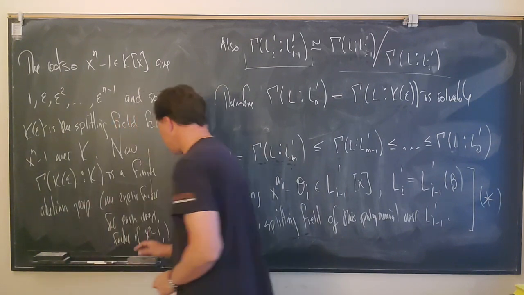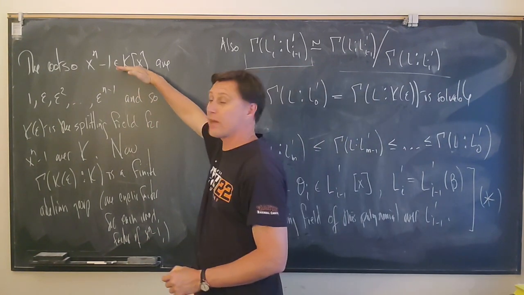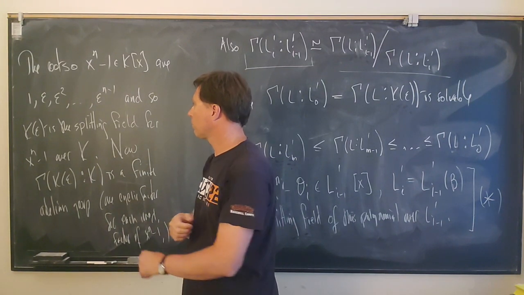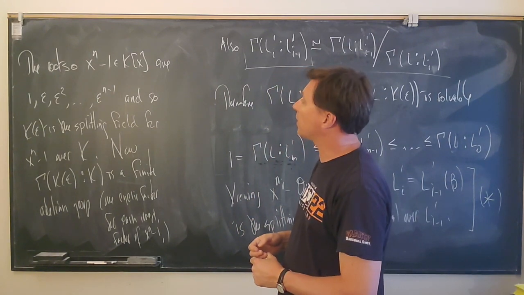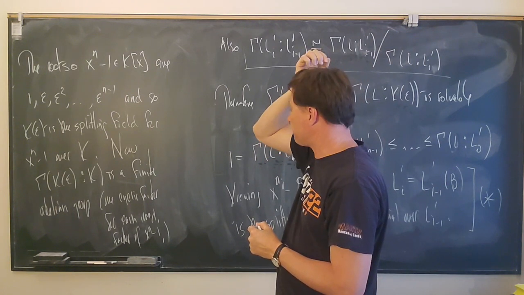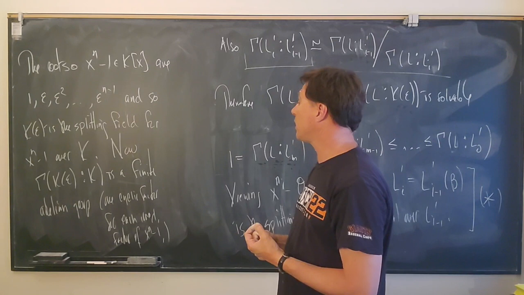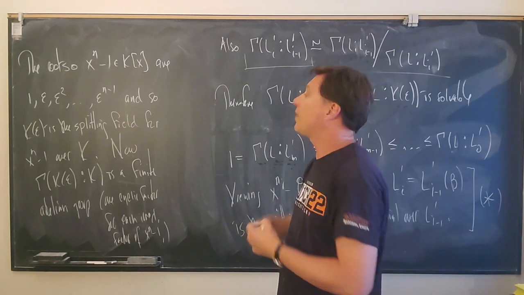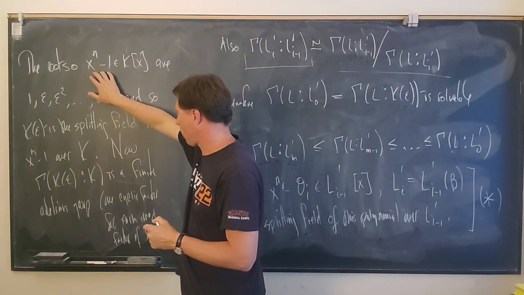So the idea is take x to the n minus 1, split it over K into its irreducible factors. And then you'll have a bunch of factors, and you can look at the Galois groups of the corresponding splitting fields for each of those factors.